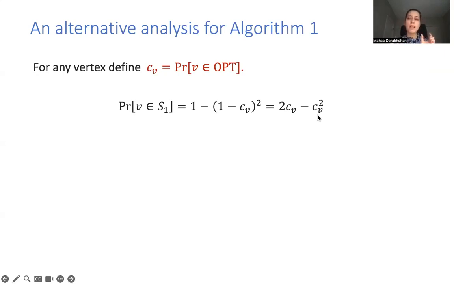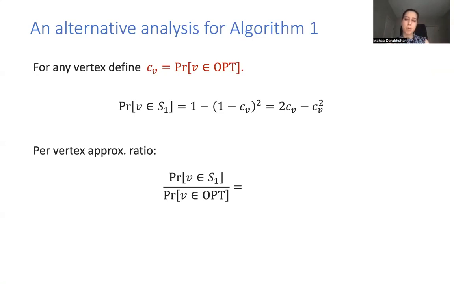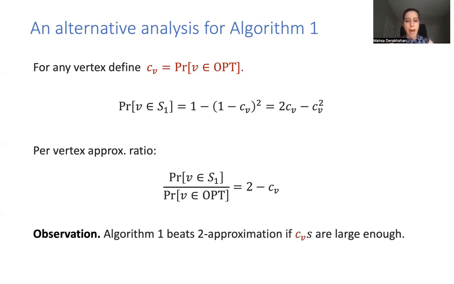Okay, now I will define a per vertex approximation ratio, which is the probability of this vertex being outputted by the algorithm over the probability that it exists in the optimal solution, which we see for any vertex is 2 minus C_v.